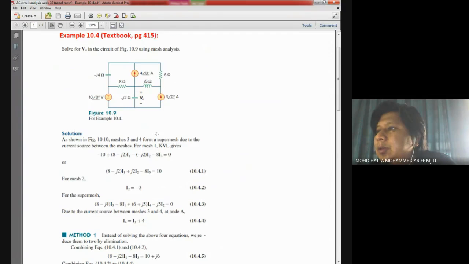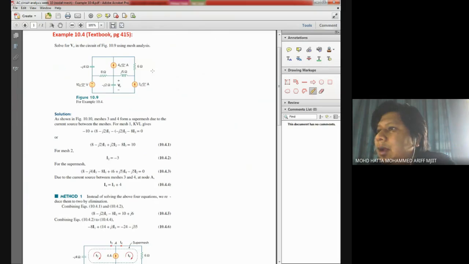If you look at example 10.4, I'm not going to get into it one by one. Maybe you can revise it by yourself. We have one mesh over here, another mesh over here, and in between these two meshes, we have this current source.